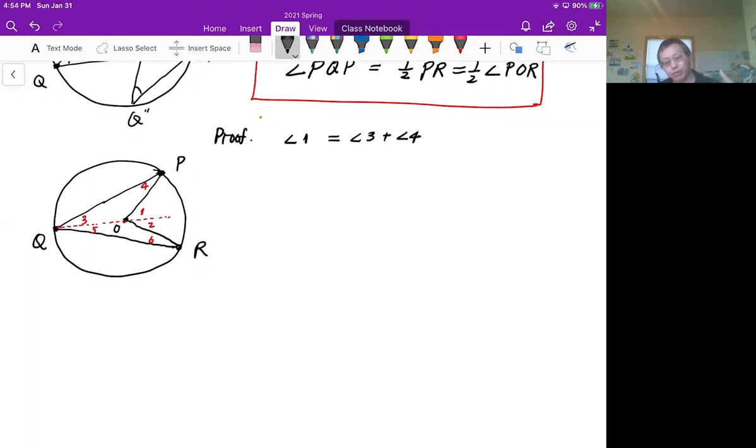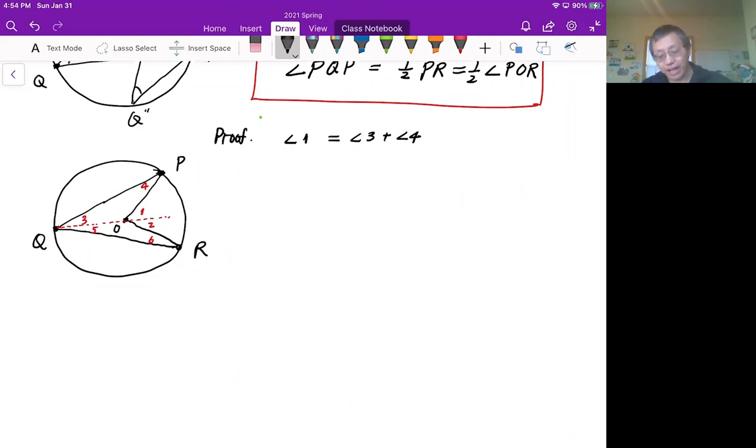Anyone remember the name of that theorem? Angle 1 is the sum of angle 3 plus angle 4. It's the exterior angle theorem. Does it make sense? Angle 1 is the exterior angle of the triangle.